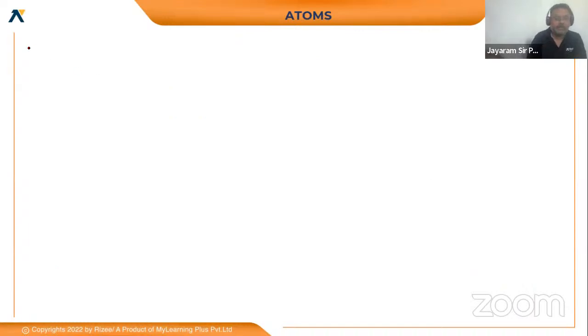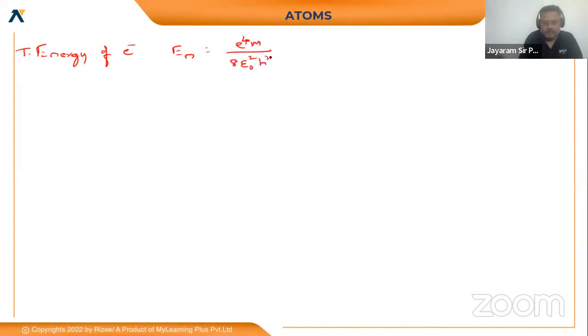Now coming down to the energy. So energy of electron, or the total energy of the electron in the Bohr's orbit, can be written as En is equal to, actually it is e power 4 into mass by 8 epsilon naught square into h square of Z square by n square.